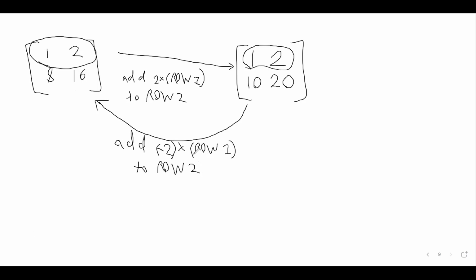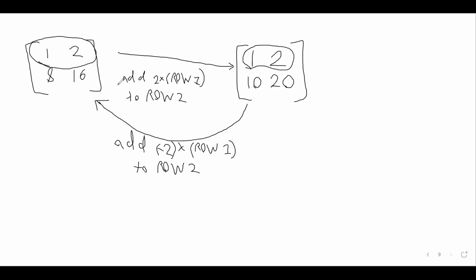Okay, looking on the right now, I don't know if you can see the cursor on the screen as I'm moving it. If you add -2 times row 1 to row 2, then look at the first entry. You're taking -2 times the 1, which is -2, and you're adding it to 10, and you get the 8. Then if you take -2 times the 2, you get -4. -4 plus 20 is 16. So adding -2 times row 1 to row 2 gets you back to where you started.